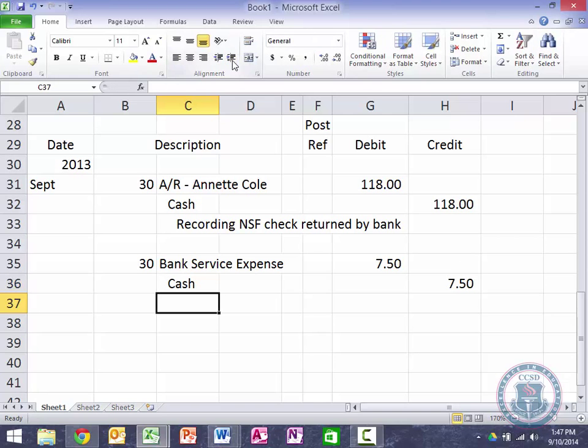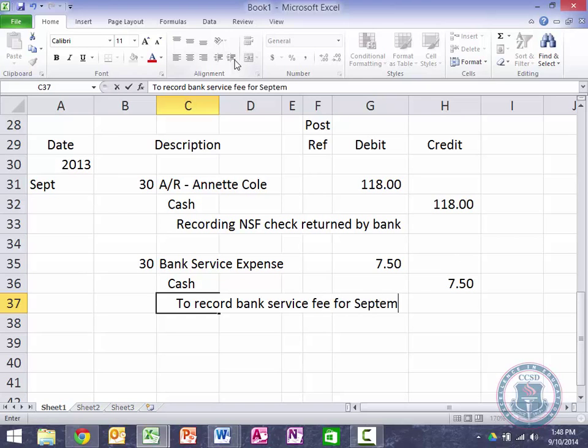Yeah, they have all our cash. We can't stop them from taking it. That's where it sits. They can pull that out whenever they want. And we just say to record the bank service fee for September. That's it. We've done that problem.